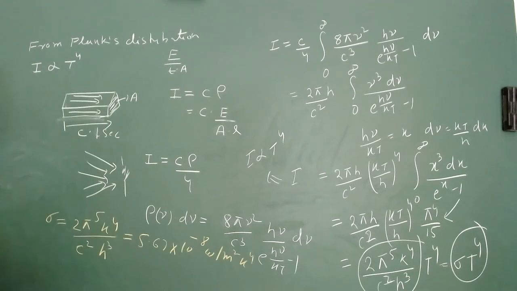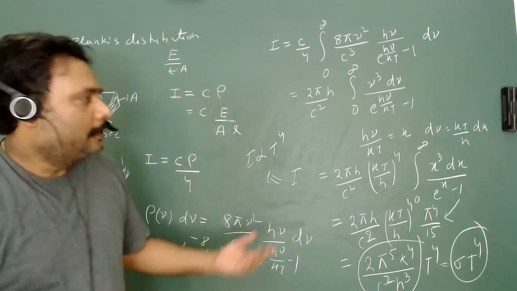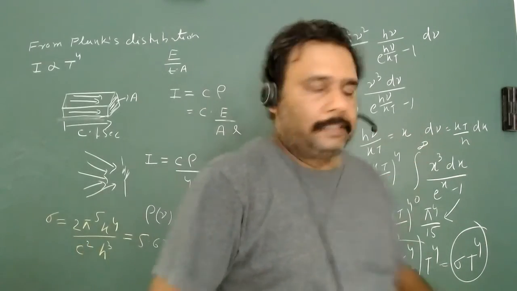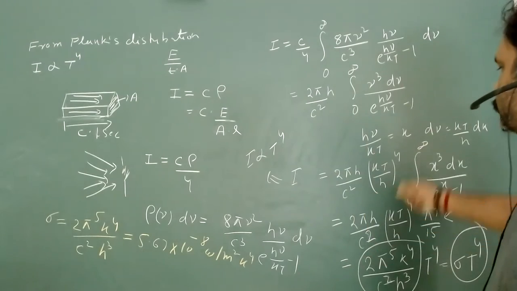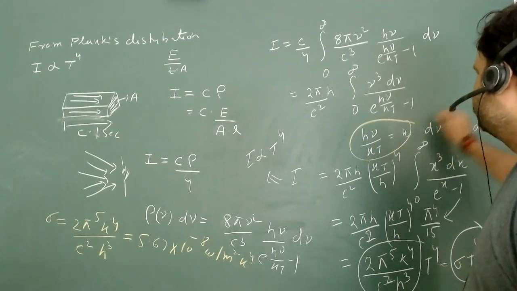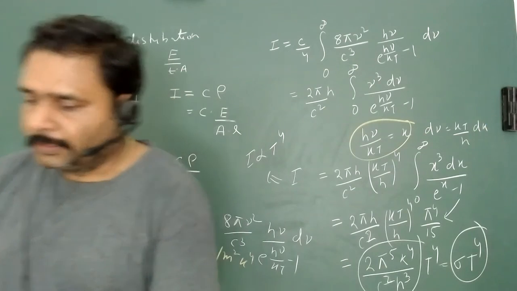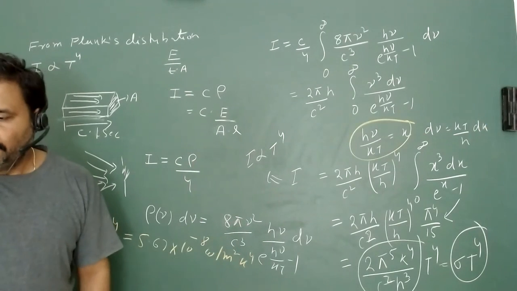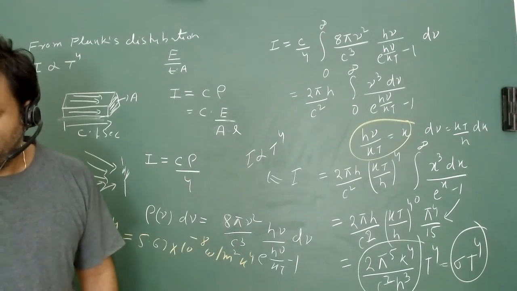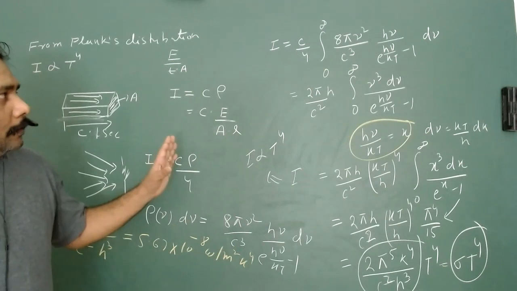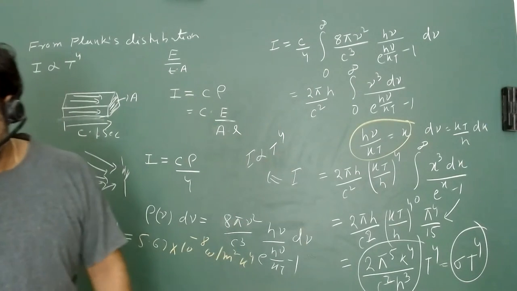This is the value of sigma you can calculate. The trick is that you can make it dimensionless. Once you do that, you can find everything very easily. This is one of the wonderful problems you can solve, basically from Planck's law to Stefan's law.